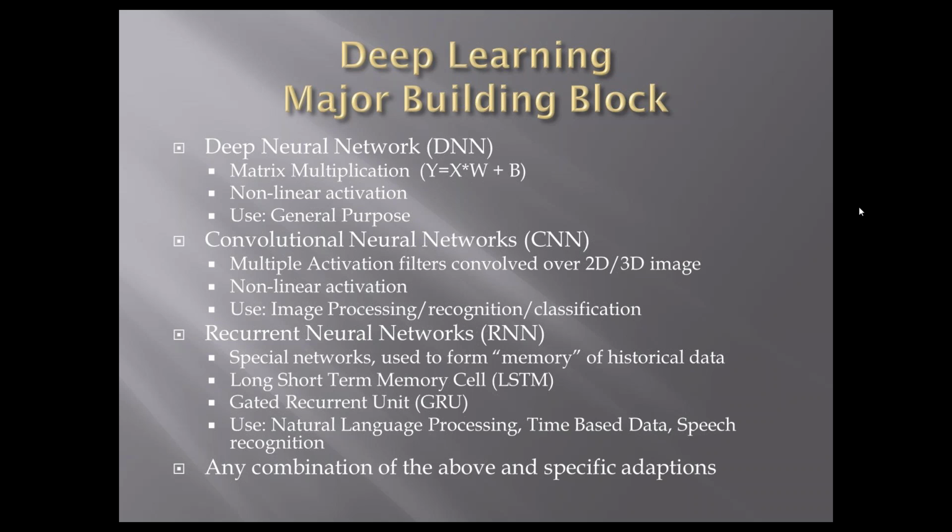The deep neural network is the same thing as the neural network of the past. So it's the same type of structure. It's a matrix multiplication with a potential bias attached to it. What you'd usually do is add a nonlinear activation to it. And this type of network can be used for any purpose whatsoever.